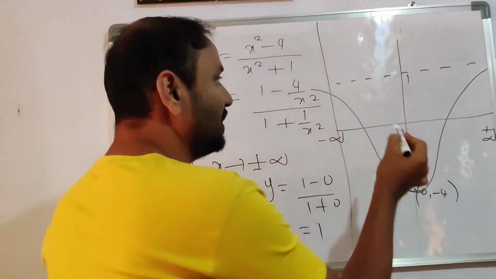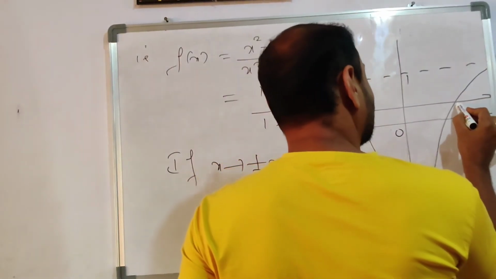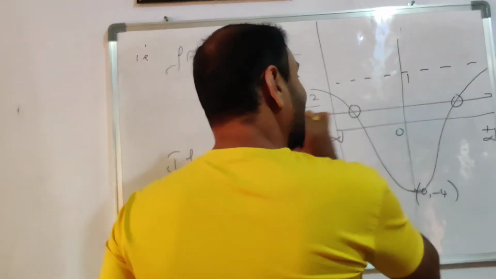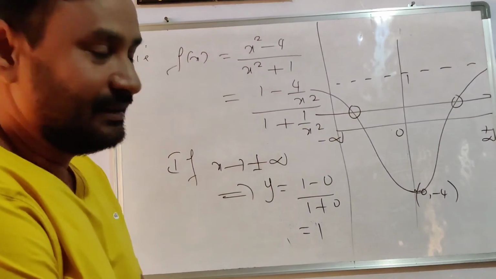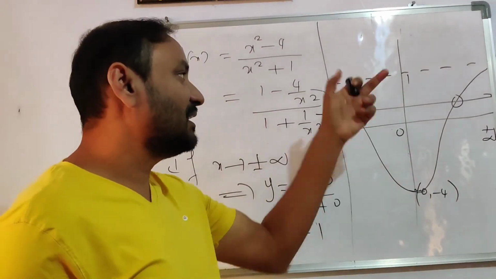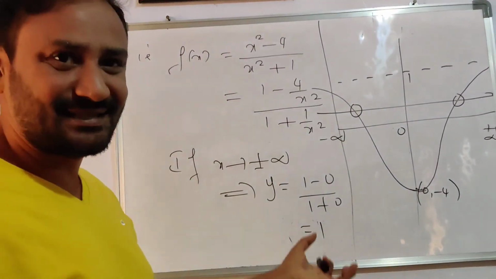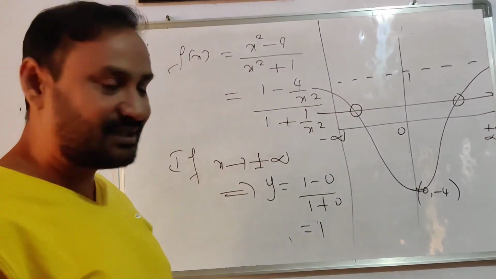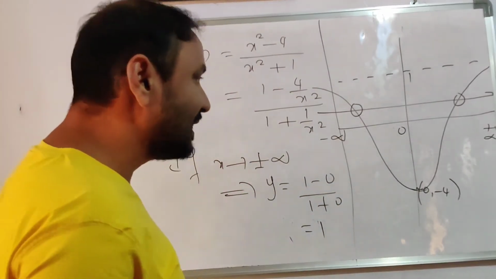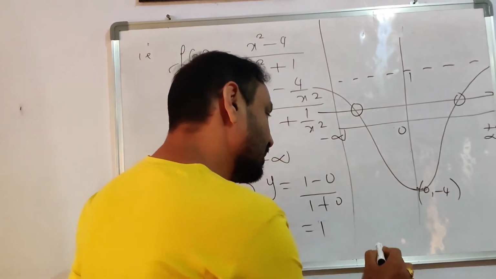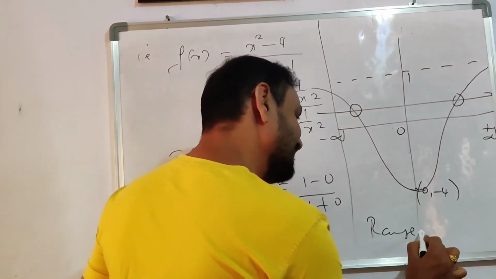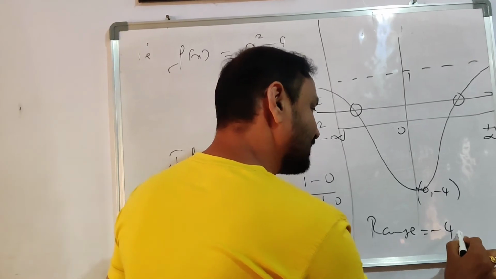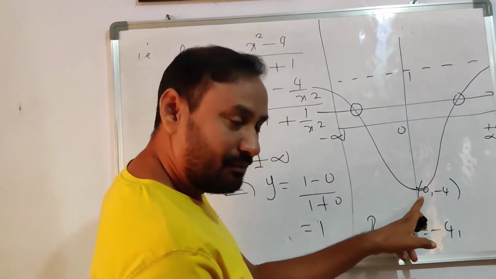So when you draw any line parallel to the x-axis on the graph, it clearly intersects the graph at 2 points. That means it is not a 1-1 function. If any line intersects the graph at more than 1 point, it is not 1-1. And also you observe this, range is equal to minus 4 to, this is the minimum value.